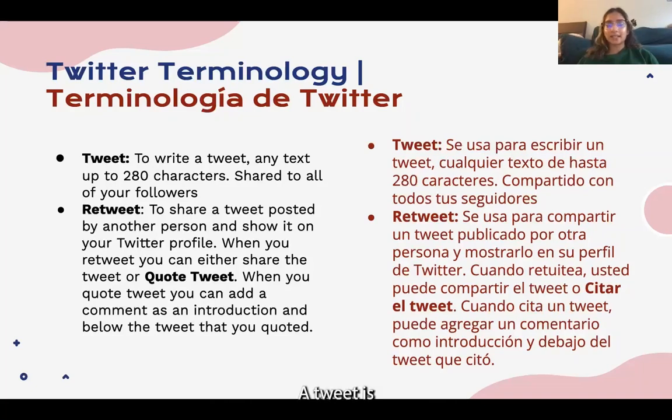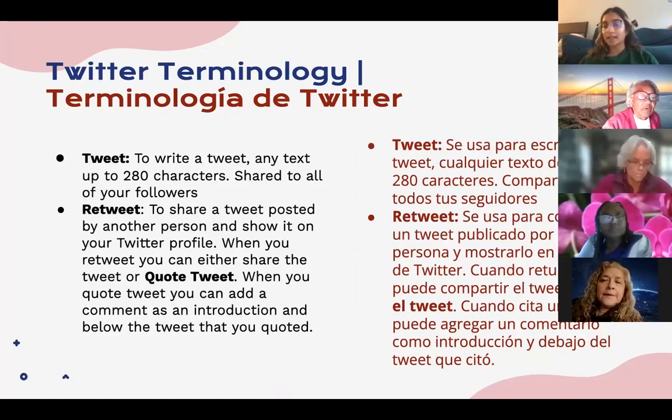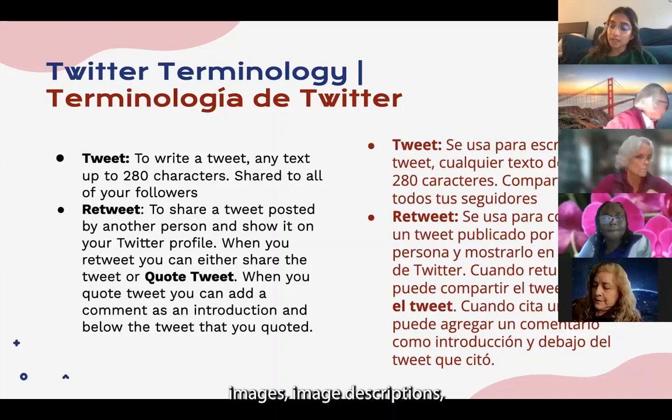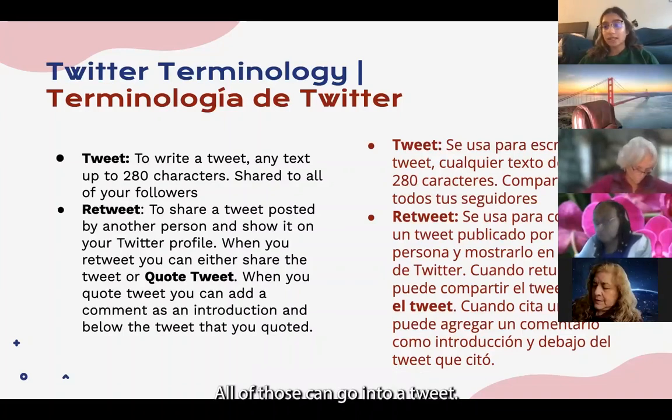A tweet is any text that is up to 280 characters. A tweet is a post that you share with all of your followers on Twitter. So a tweet can include things like hashtags, images, image descriptions, comments, questions, reactions of any sort. All of those can go into a tweet.